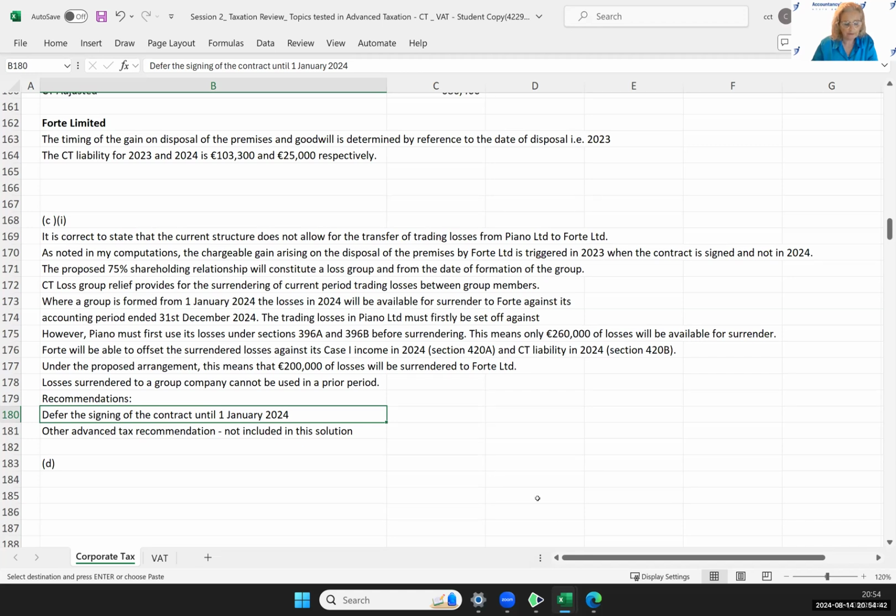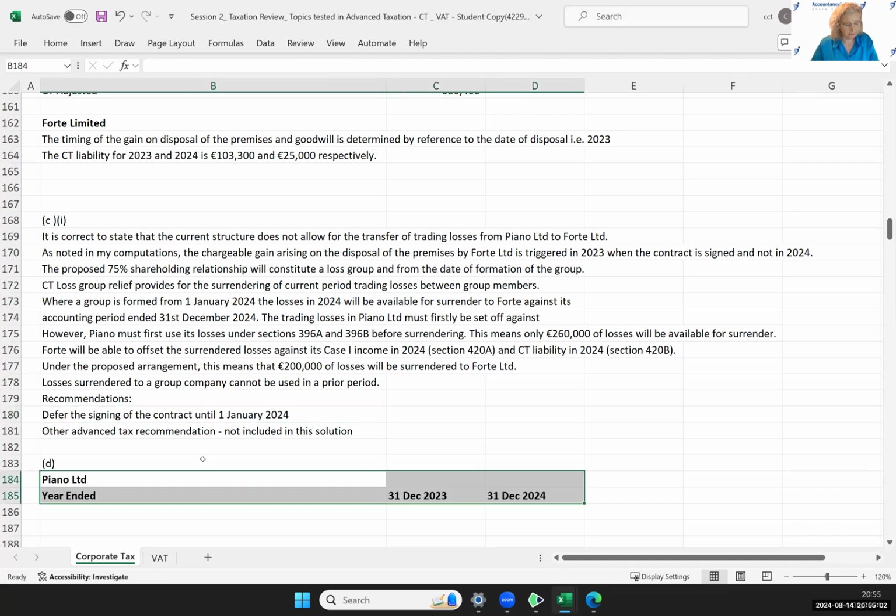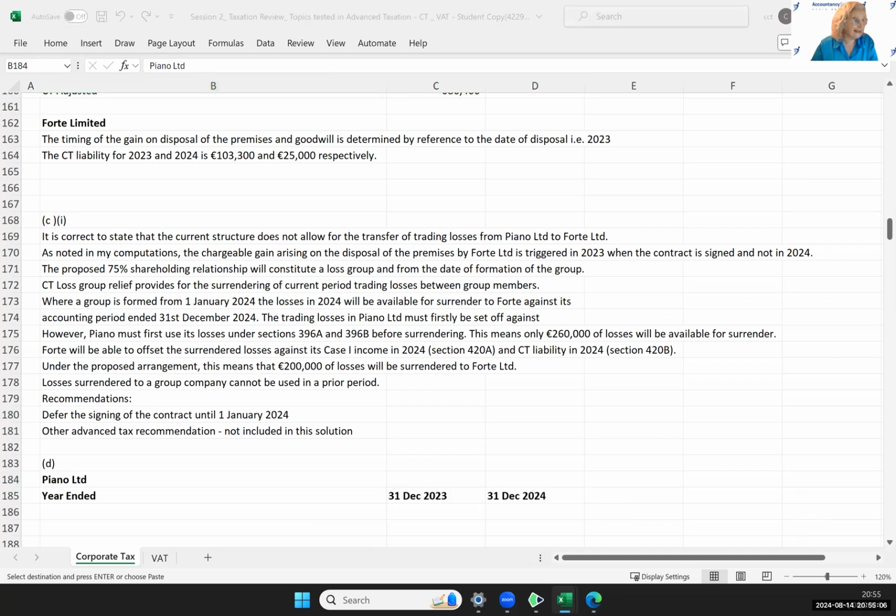Okay. So now we have a group, and we now need to redo all of the corporation tax computations. All right. So we will have Piano Limited, and Piano Limited had its case 1 income.